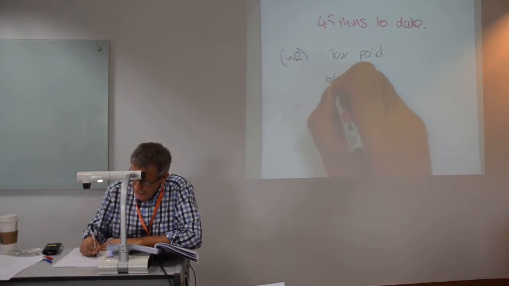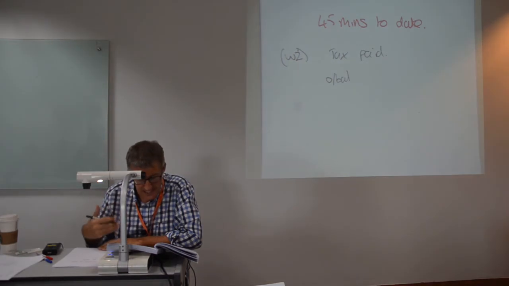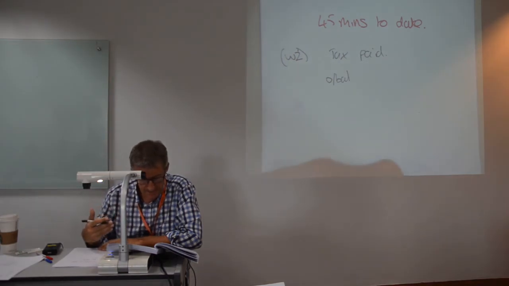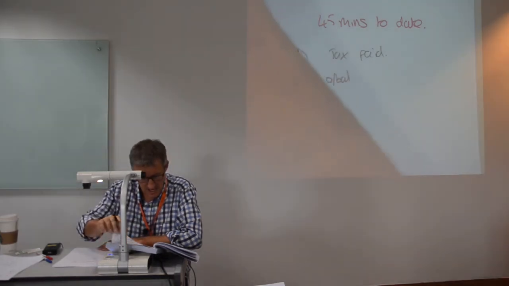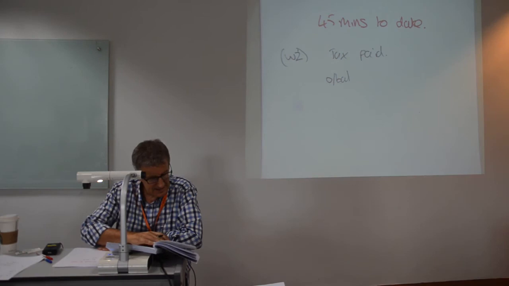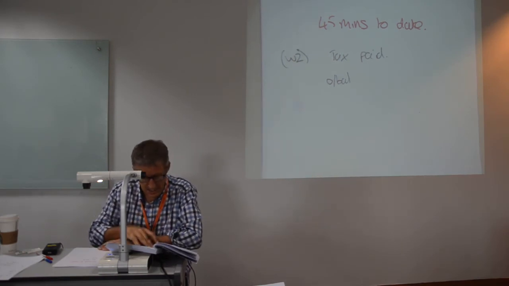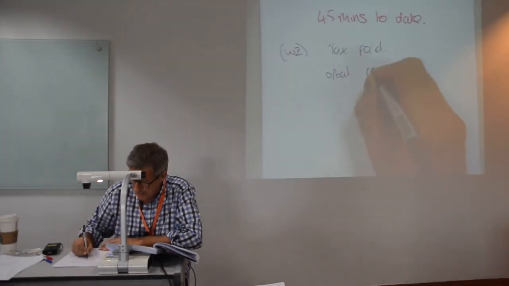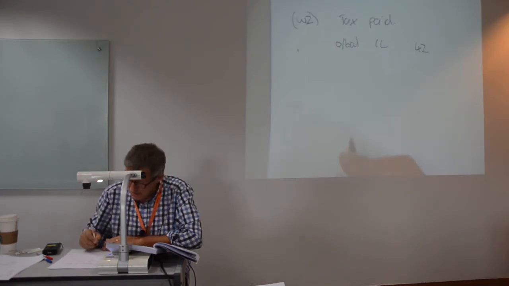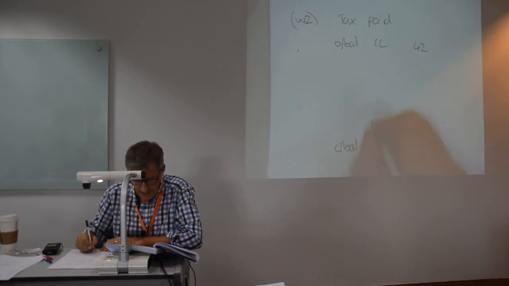Now, if we're working out the taxation that we've paid, we need to know the liabilities for tax at the beginning of the year. So how much is our tax liability at the beginning of the year? That would be in current liabilities. I can't find current liabilities. Where is current liabilities? It's in the opening balance sheet, isn't it? So I've got opening liabilities of 42, which is my current liabilities. Leave a lot of space, but whilst my eyes are in the same place, there's a closing balance of current liabilities of 35.